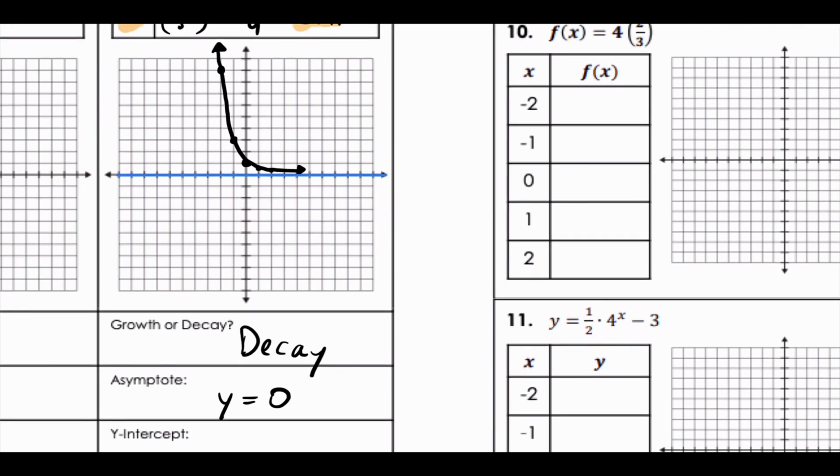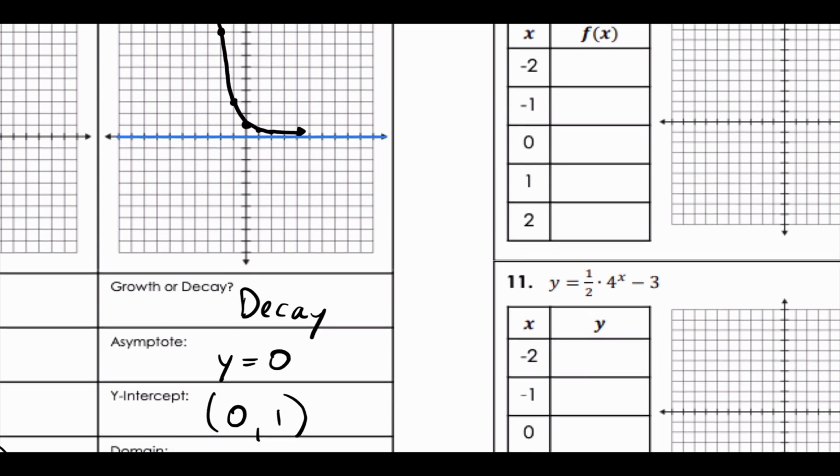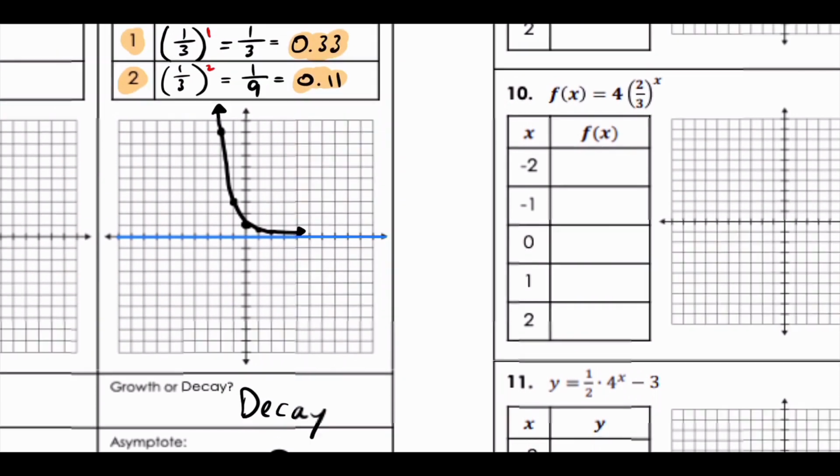Y-intercept, where does it cross the y-axis? This dot right there. 0, 1. Okay. Domain. Domain is left to right.